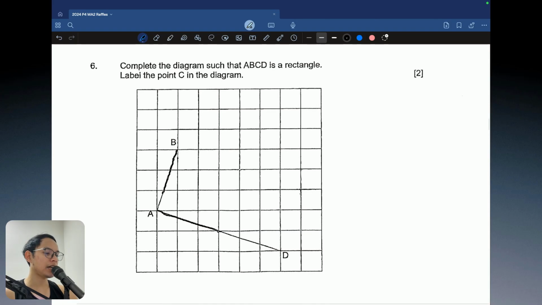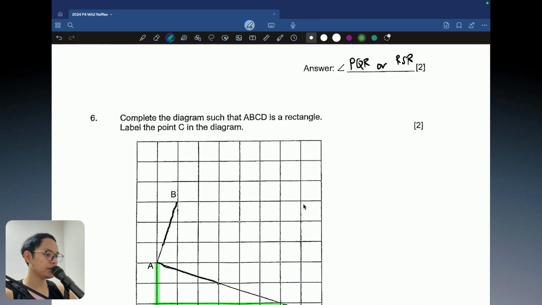Complete the diagram such that ABCD is a rectangle. Label the point C in the diagram. Basically we need to count how many squares it's using. Generally we can just count 1, 2, 3, 4, and 5. Let's put a highlight so we can see the triangle here.